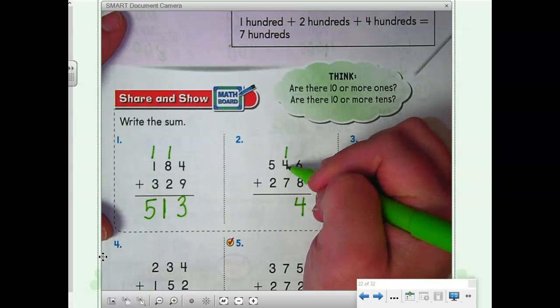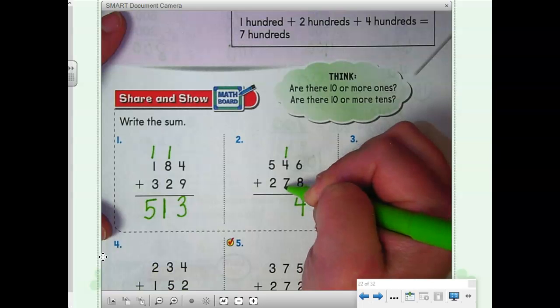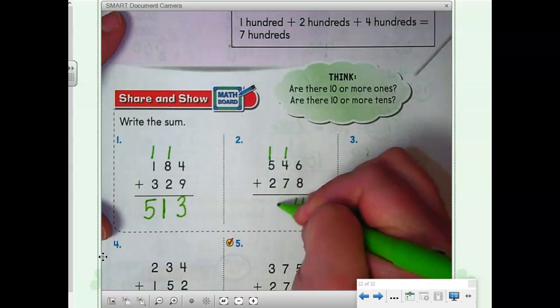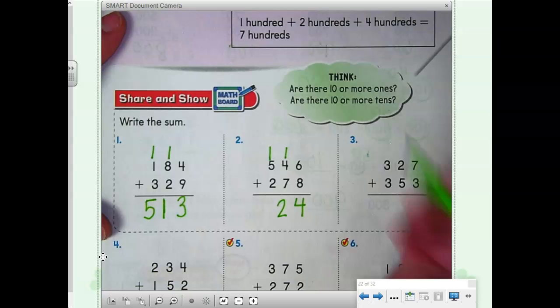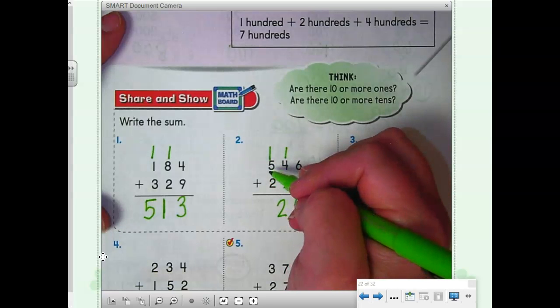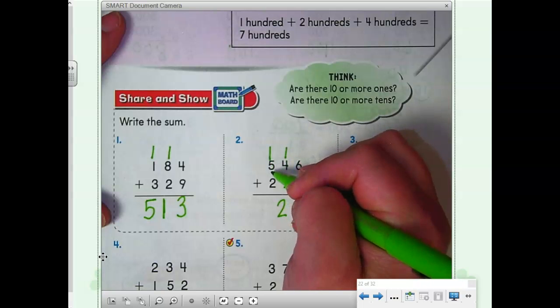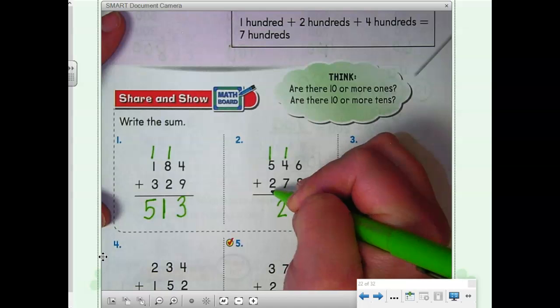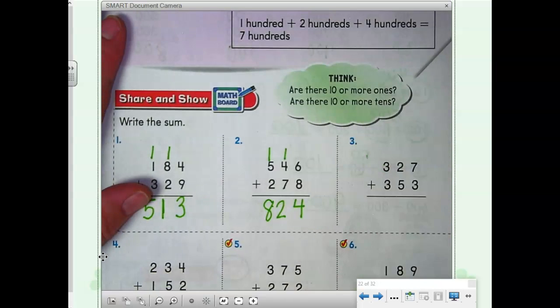Now do your tens. 1 plus 4 equals 5. 5 plus 7 is 12. 12 tens is one group of hundreds and 2 tens. Now I add my hundreds. 1 plus 5 is 6. 6 plus 2 is 8. 824.